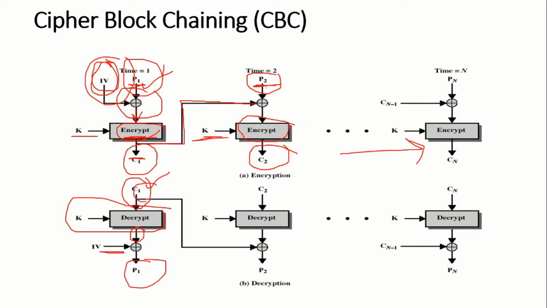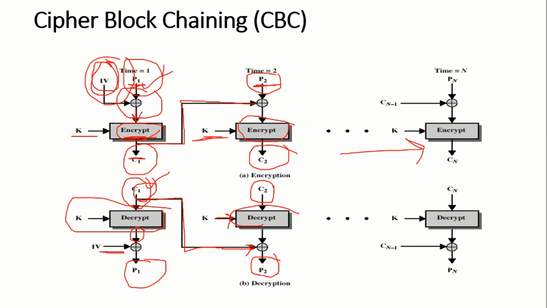Now this ciphertext again will be fed, or chained, with the second round to get the second block of the plain text. So here again we'll be having this C2, and we'll be decrypting it using key K, and the result will be XORed with the previous cipher block.